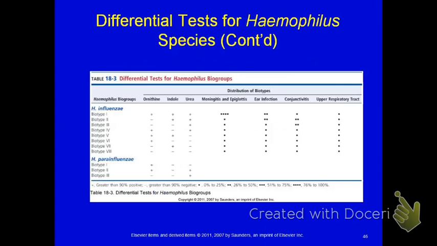Another one would be the differential test for Haemophilus species. This time, Haemophilus influenzae are categorized into different biotypes and the corresponding infections that they could most likely cause.